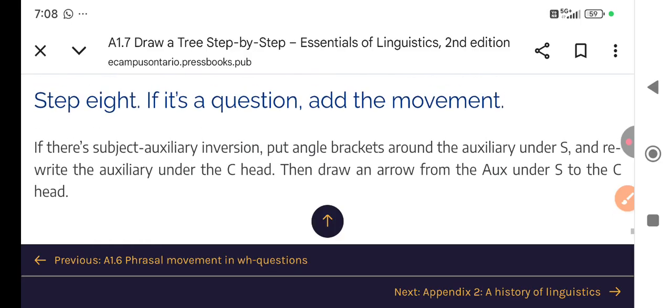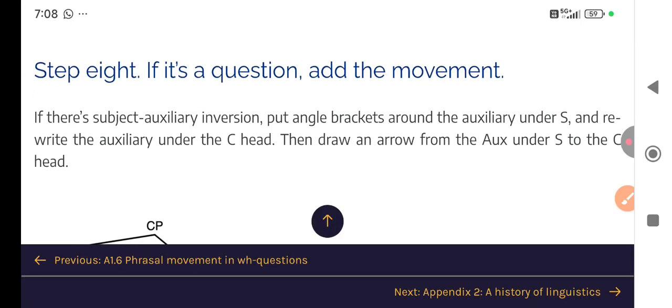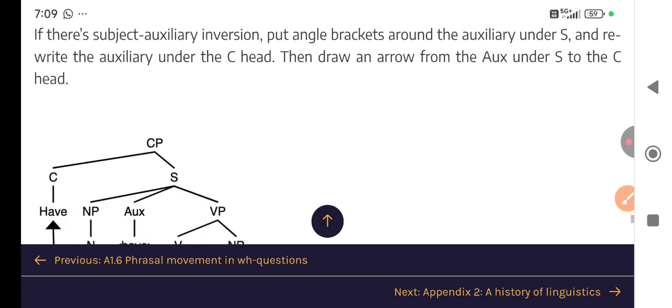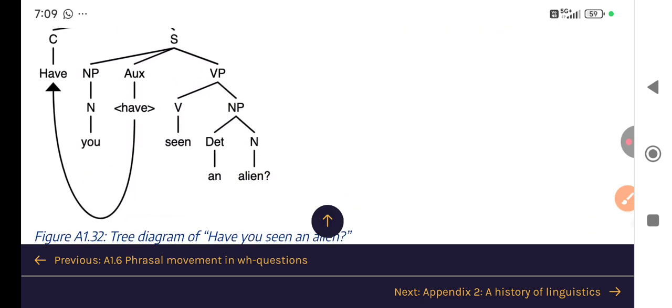We can read it again. If there is subject auxiliary inversion, it means the auxiliary goes before the subject, instead of the auxiliary, put angle brackets around the auxiliary. This is called an angle bracket.